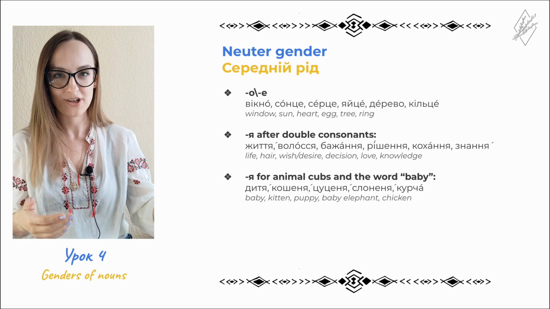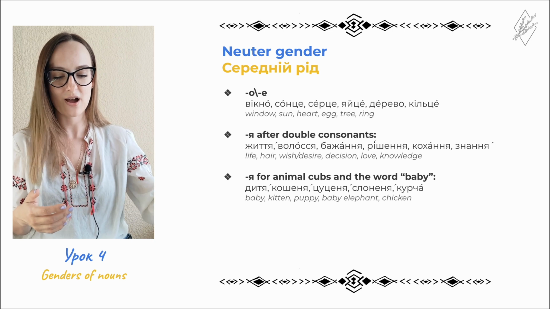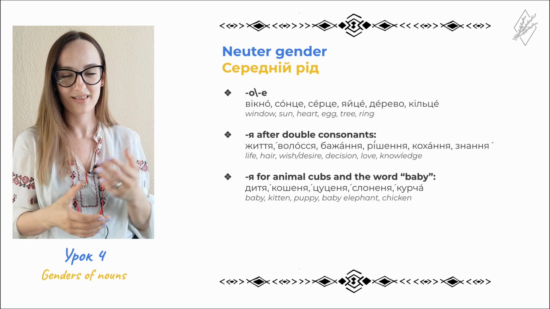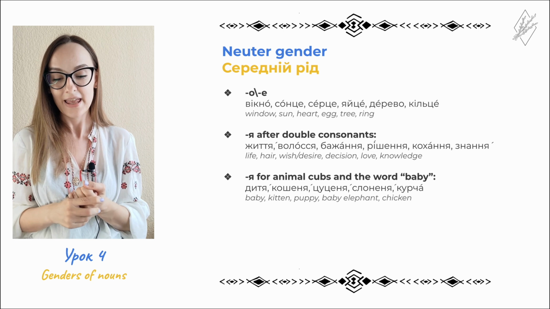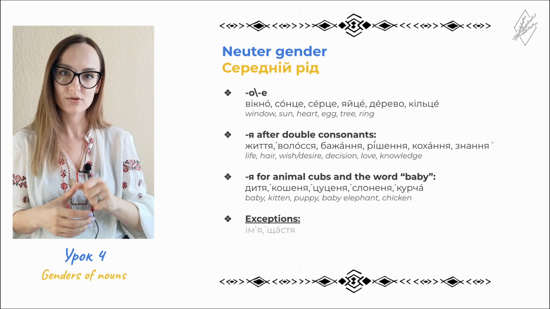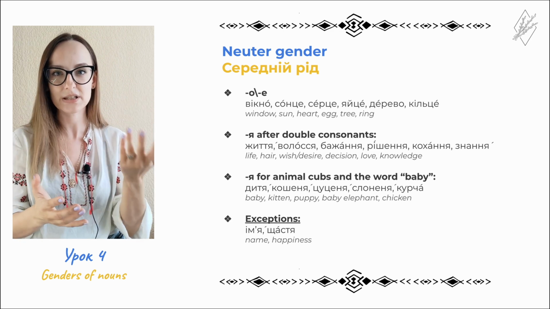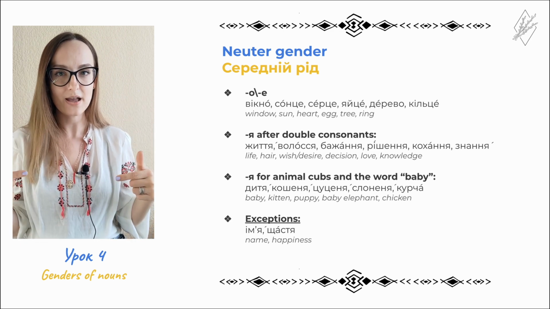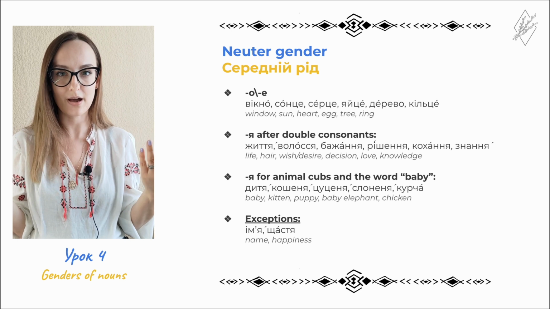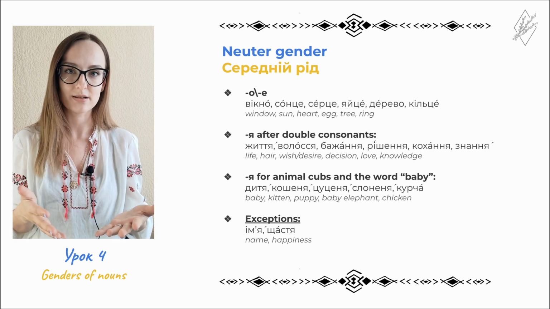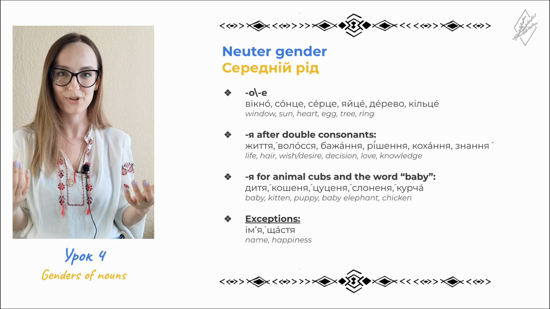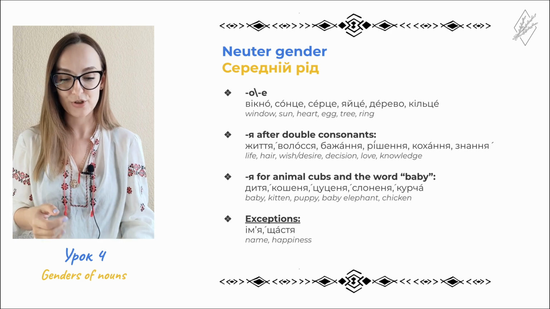Or кошеня, цуценя, слоненя, курча for little animals. And we have two exceptions, also with ending ya, that don't follow these two situations, but still they are neuter. Ім'я, name, and щастя, happiness. They are neuter.